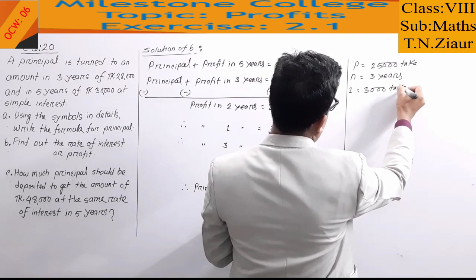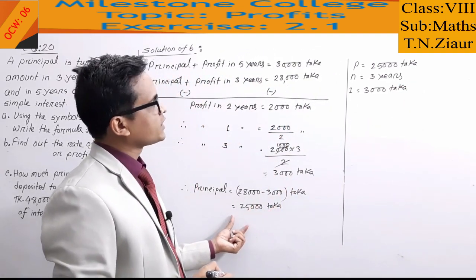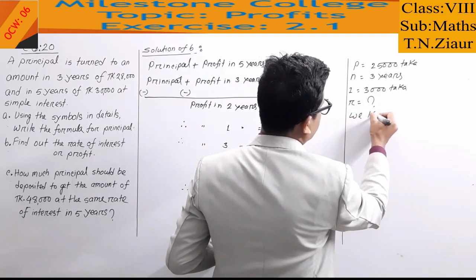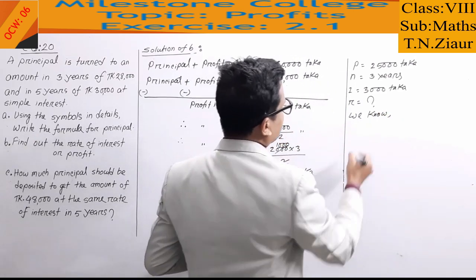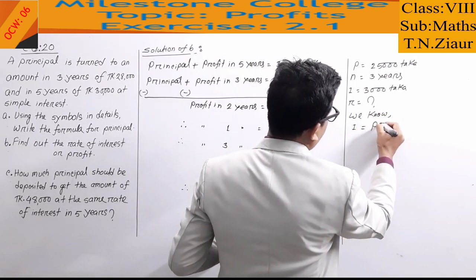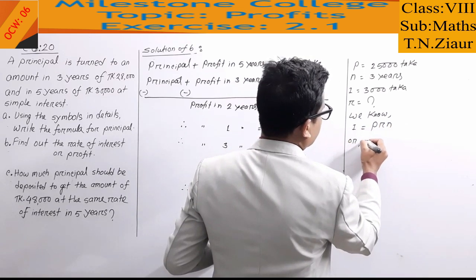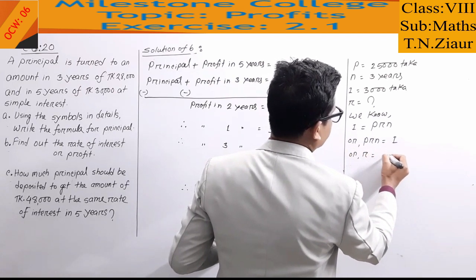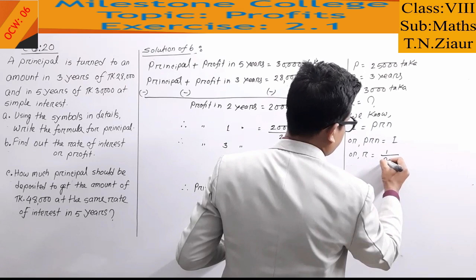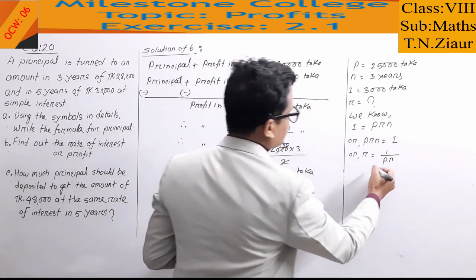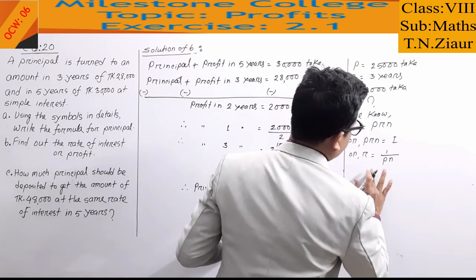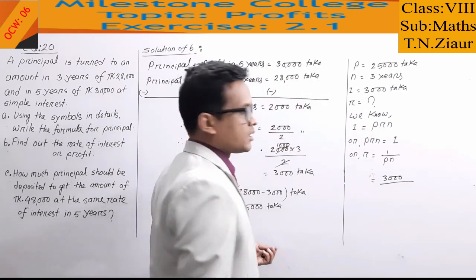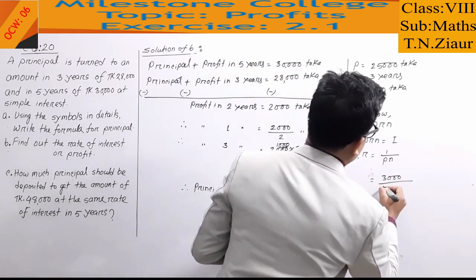Now we have to find R, the rate. We are using the formula I is equal to PRN, or PRN is equal to I, or R is equal to I by PN. Now put the values: I is equal to 3,000, and P is equal to 25,000.